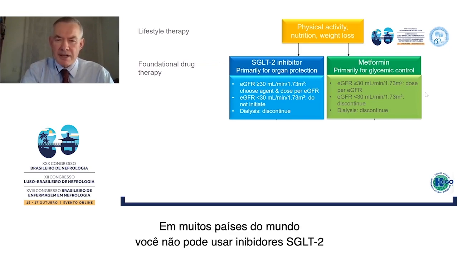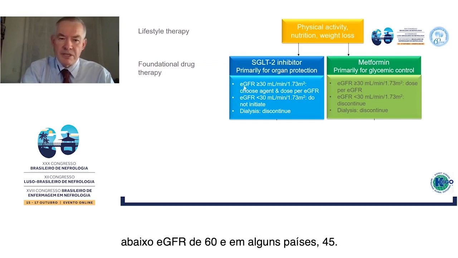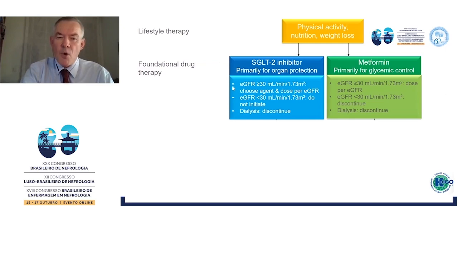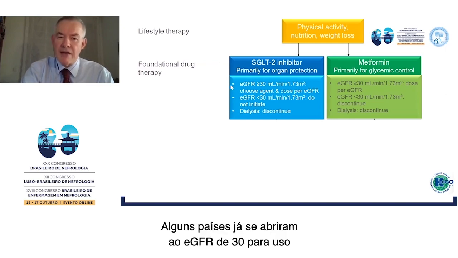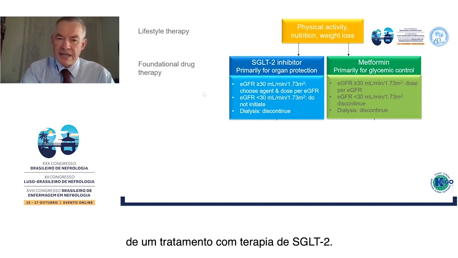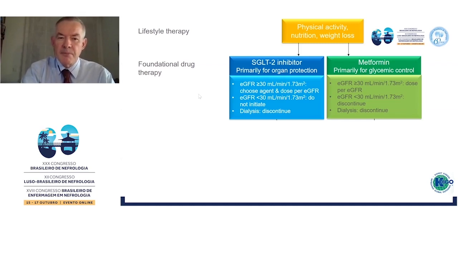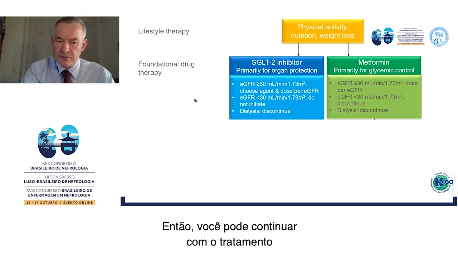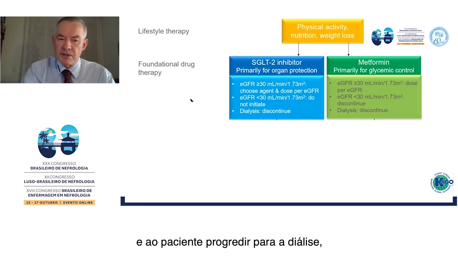In many countries in the world, you cannot use an SGLT2 inhibitor below eGFR of 60, in some countries 45, or many countries already have opened up to an eGFR of 30 for use of an SGLT2 inhibitor treatment therapy. But then you can continue with treatment, and only when the patient progresses to dialysis, you discontinue the treatment.